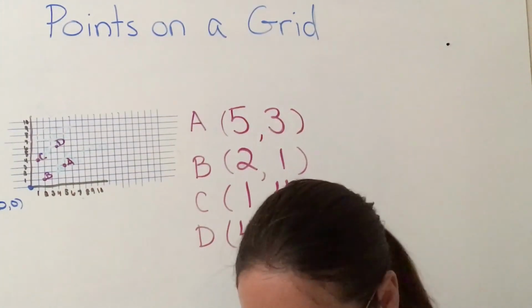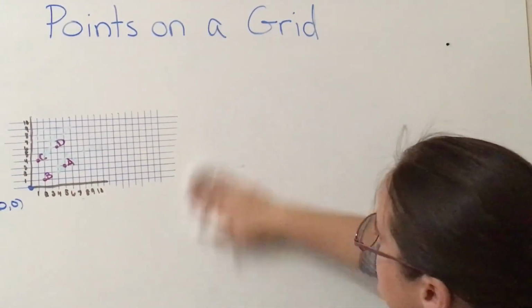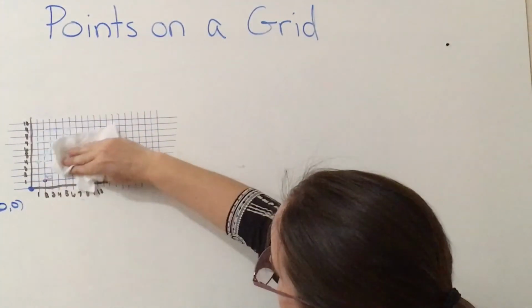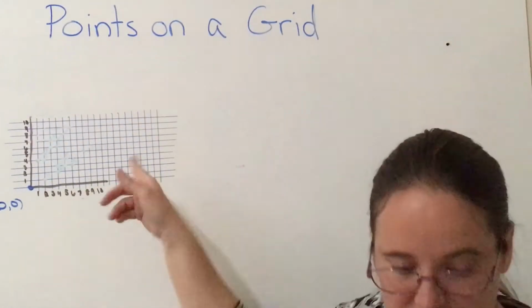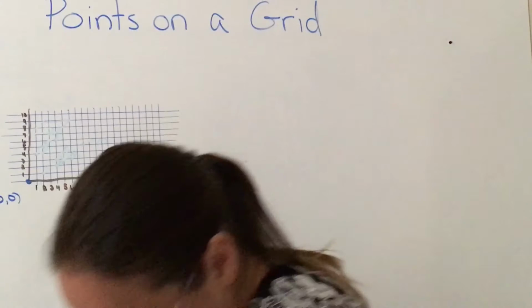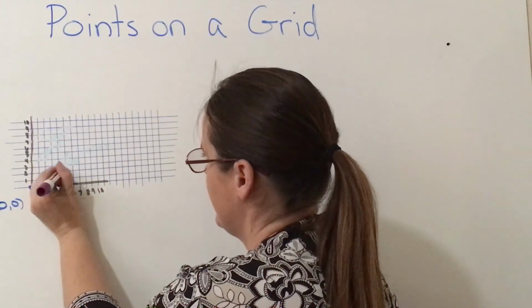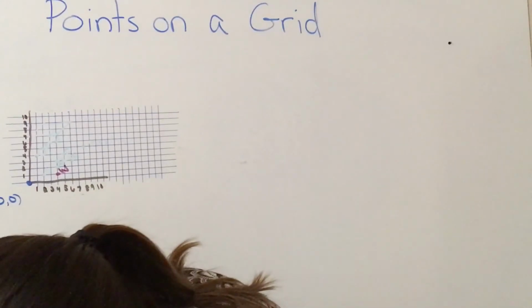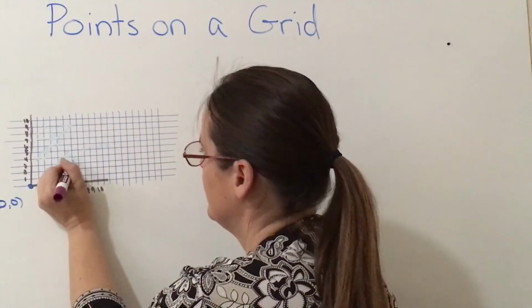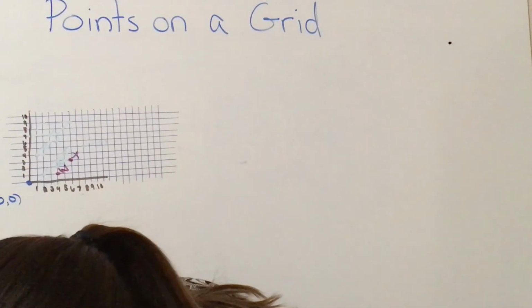We have 2 more problems for you. For these problems, there's a set of dots on the grid. We've got W, X, Y, and Z. So W is right there. X is right there.